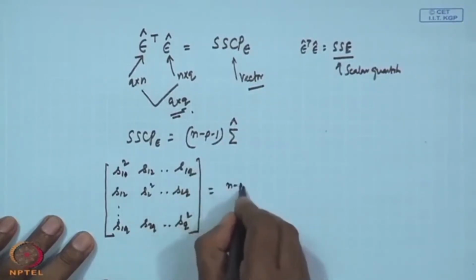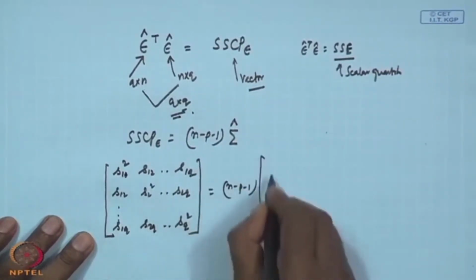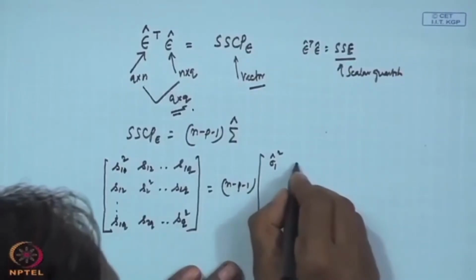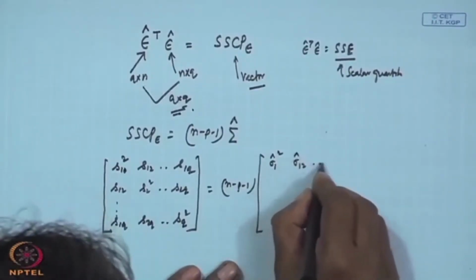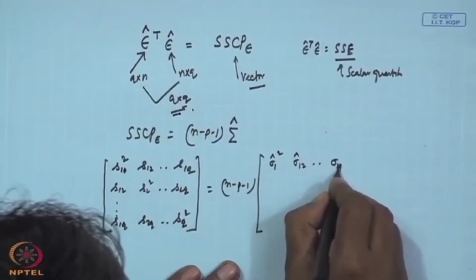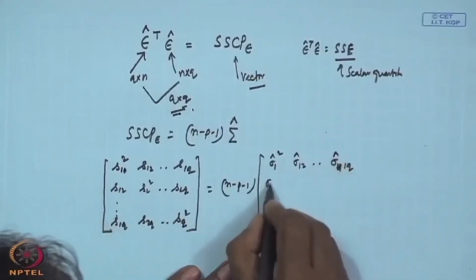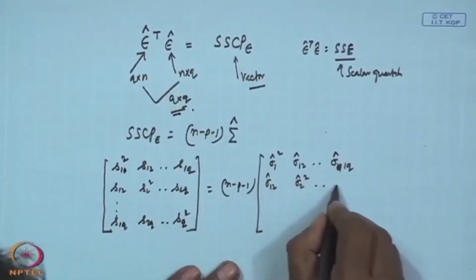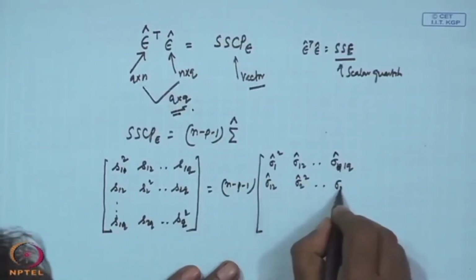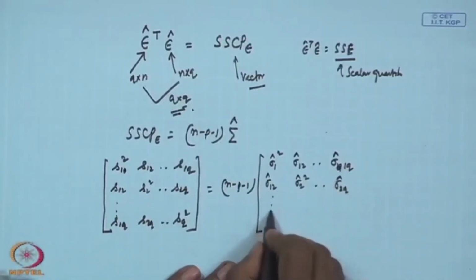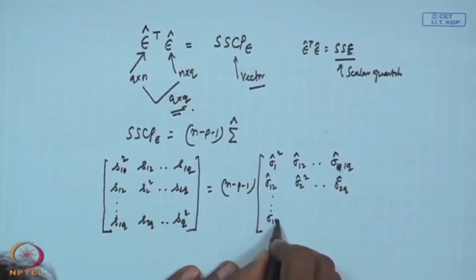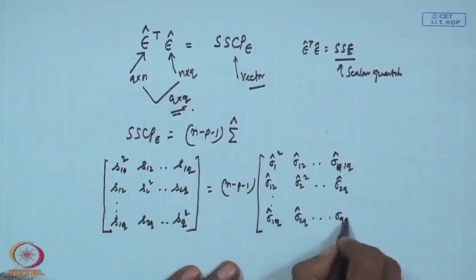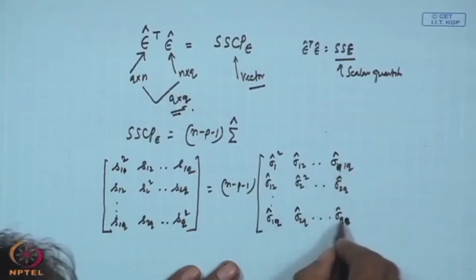This equals n minus p minus 1 into sigma 1 square cap, sigma 12 cap, like this sigma 1q cap, sigma 12 cap, sigma 2 square cap, sigma 2q cap, like this sigma 1q cap, sigma 2q cap, and sigma qq cap, which means sigma q square cap.